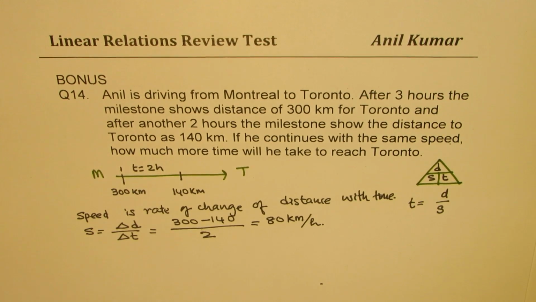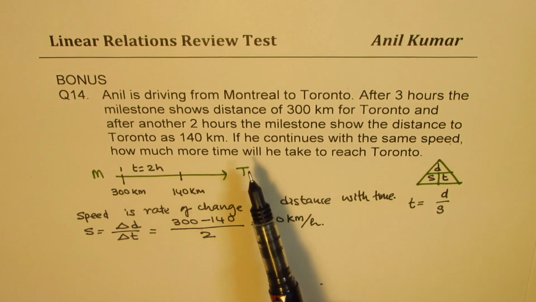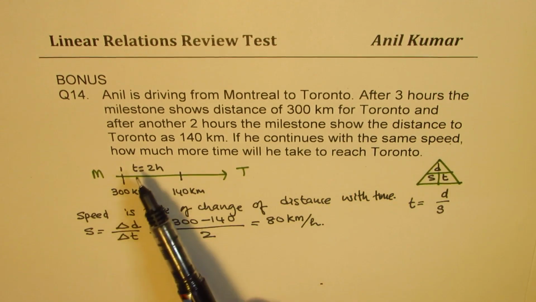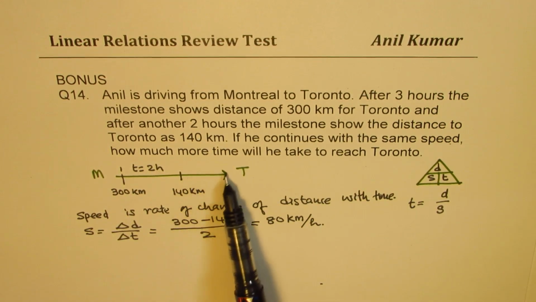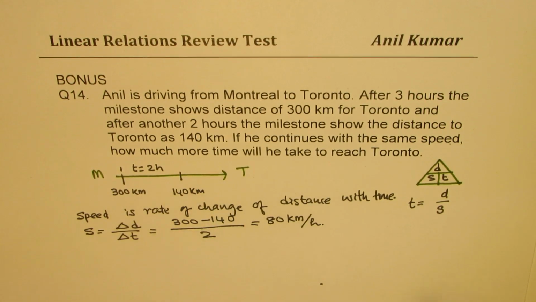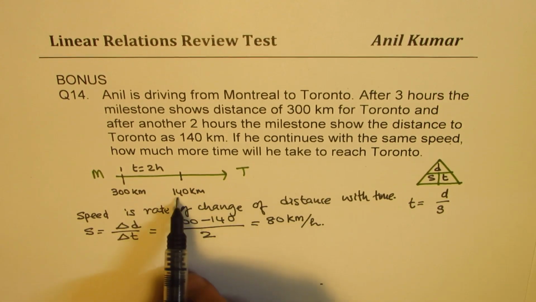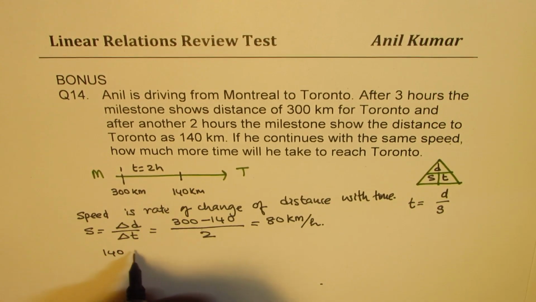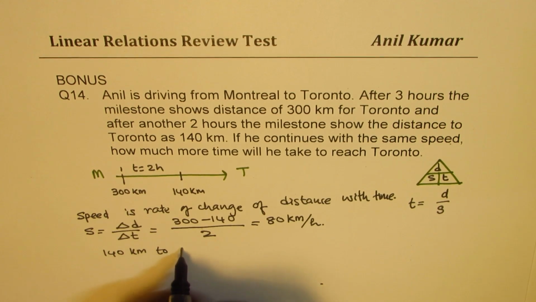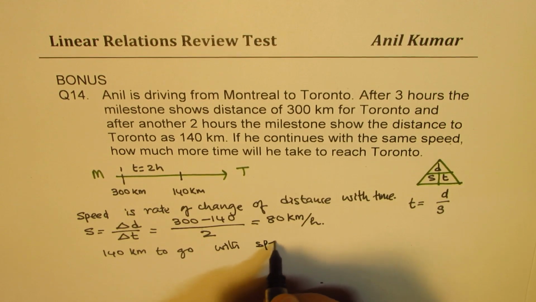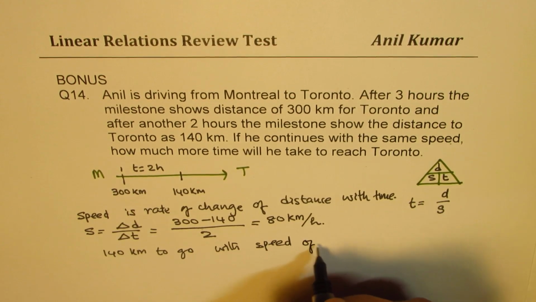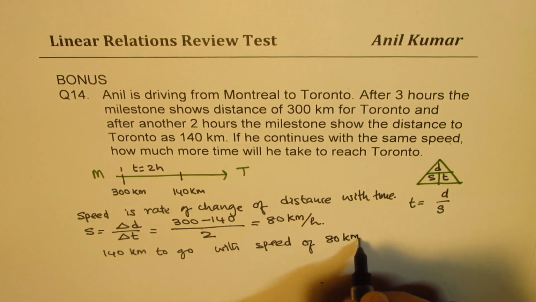Perfect. Now, the second part of this question is, if he continues with the same speed, how much more time will he take to reach Toronto? So now, how much time will he take to reach Toronto? So the distance is 140 left, right? So 140 kilometers to go with speed of 80 kilometers per hour.